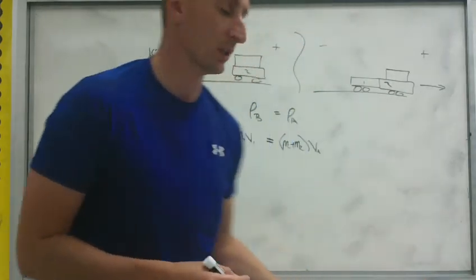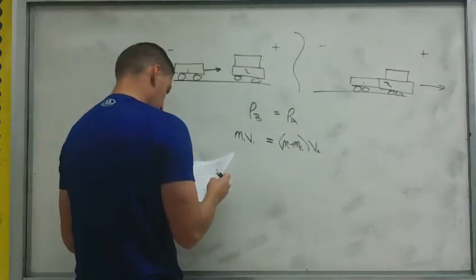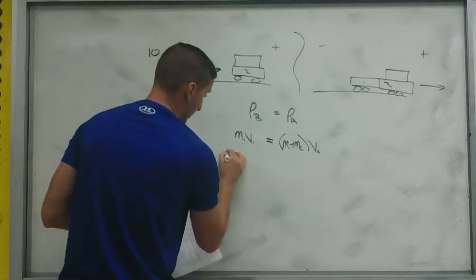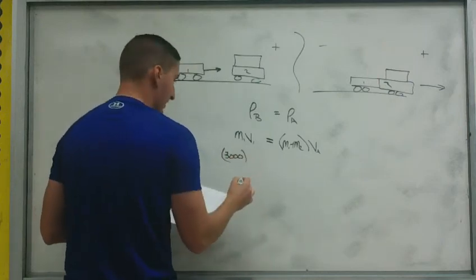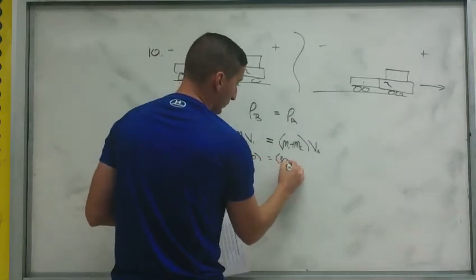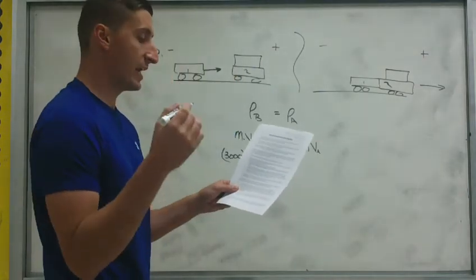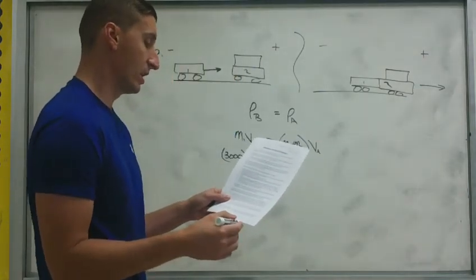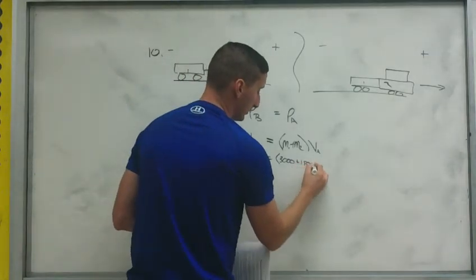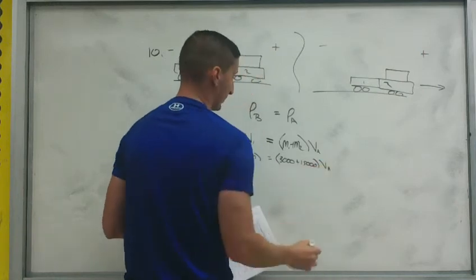So let me go ahead and plug numbers in here. The mass of an empty cart is 3,000. So I do 3,000, and it's moving at 10 meters per second before, equals mass of cart 1, 3,000, plus, well, a cart is 3,000 and the cans are 12,000, so that second cart is actually 15,000, times velocity after.